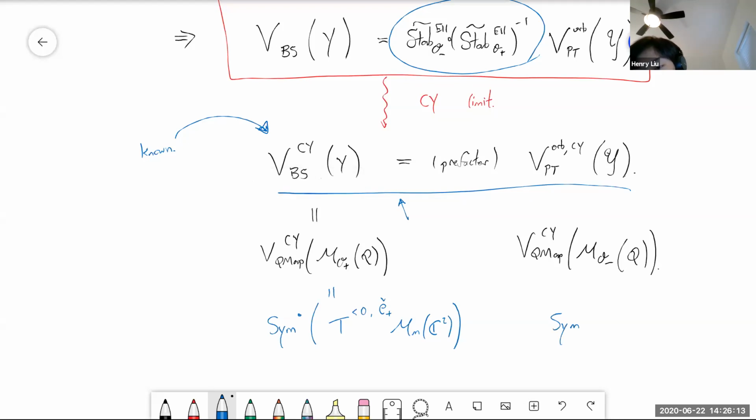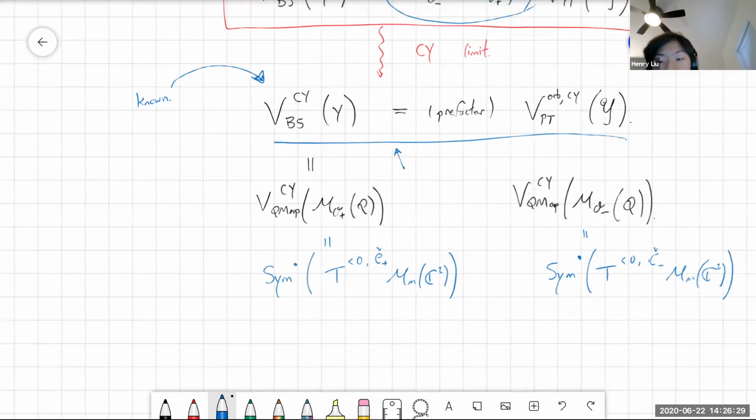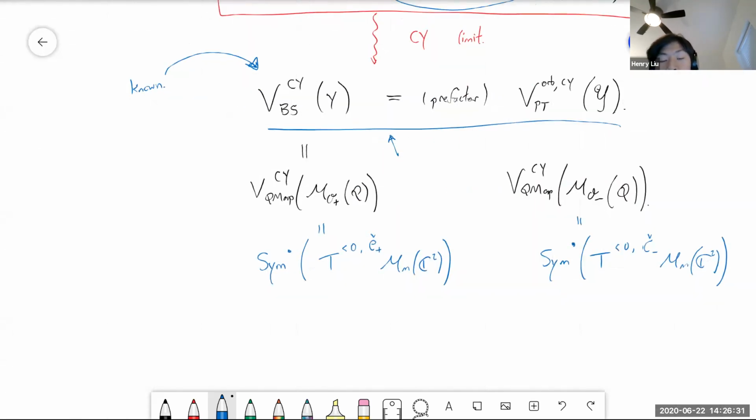It's a Sym with respect to a slightly different chamber, C minus, of the moduli sometimes. And it's really not difficult to compare these two, because essentially what's happening, you have some tangent space, and you're asking, how does the attracting part of this tangent space change as I change what I mean by attracting?